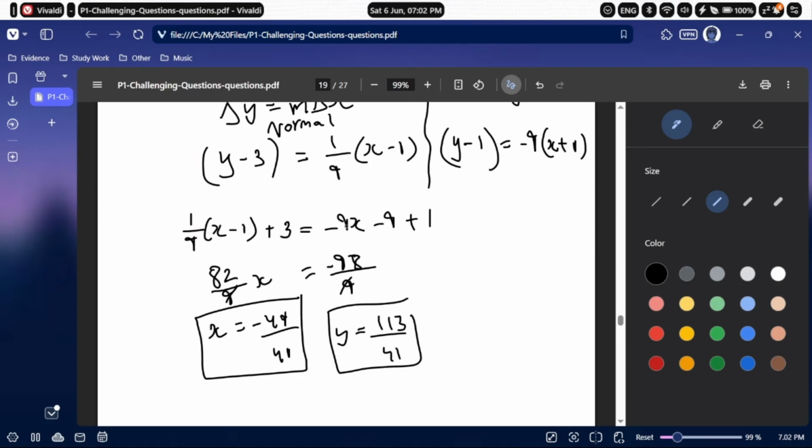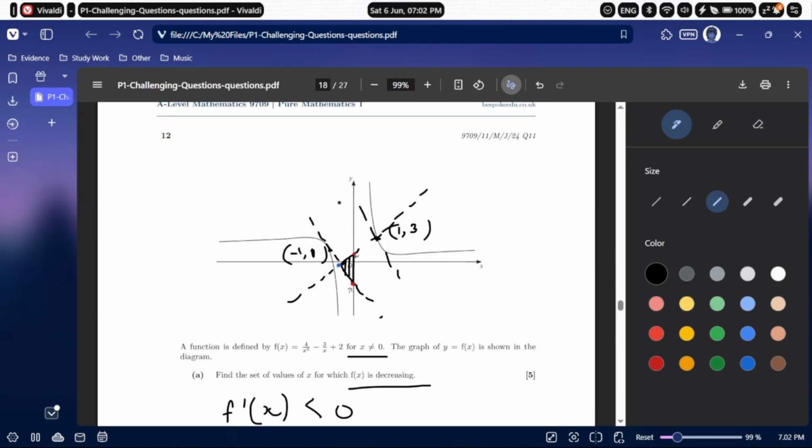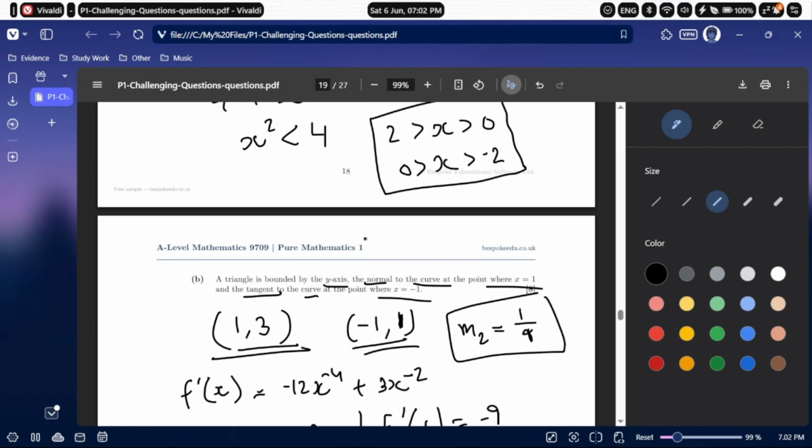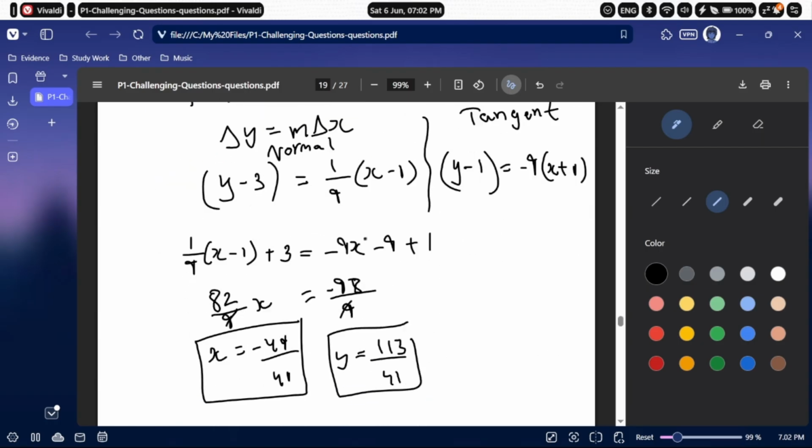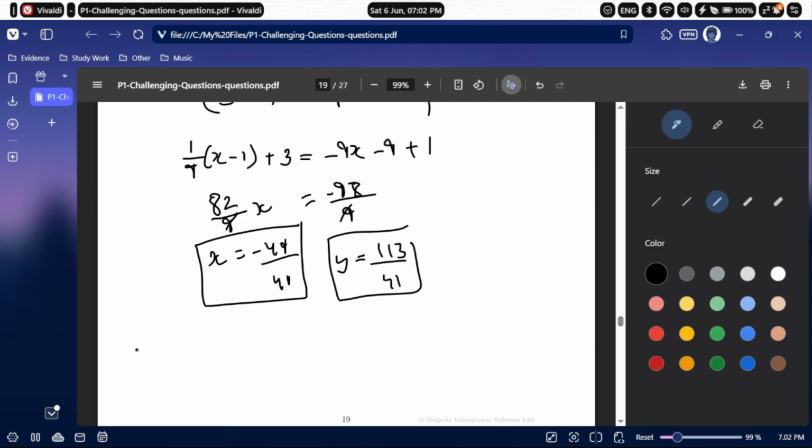So now you have this coordinate, which is the intersection between the two lines. Now you find out the y-intercepts, like I said. So you just equate x to 0. So let me just write down all the points we end up getting. Comma 113 over 41.